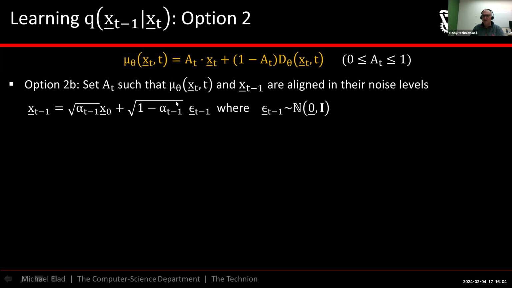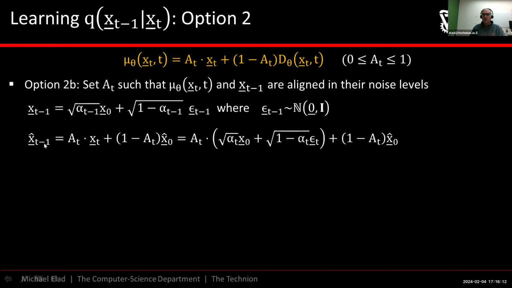And this is the strength of the noise, square root of 1 minus alpha t minus 1. On the other hand, xt minus 1 hat is exactly this mu. It's a_t times xt plus 1 minus a_t times x0 hat.